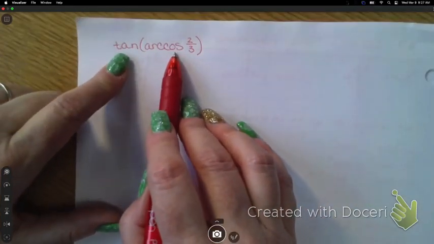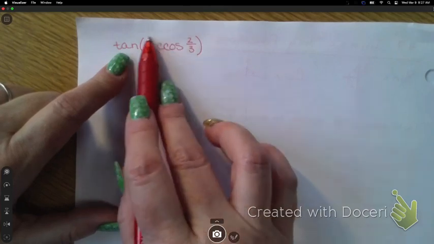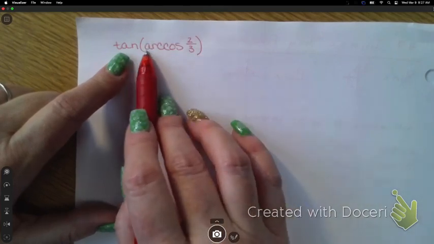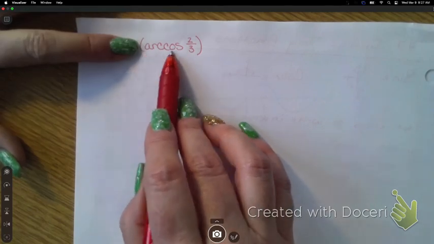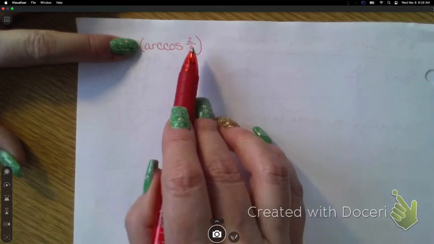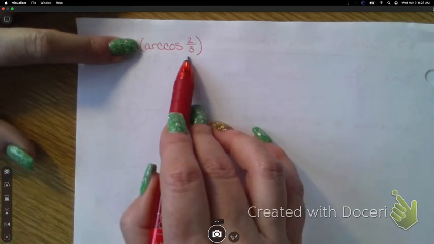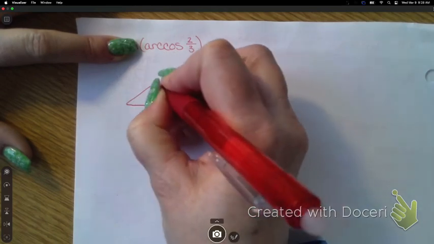So I'm not doing the inverse. I'm not switching domain and range. But we are going to start on the inside. So this question asks, what angle, when I take the cosine of it, gives me 2 over 3, correct? So that came from a right triangle, didn't it?